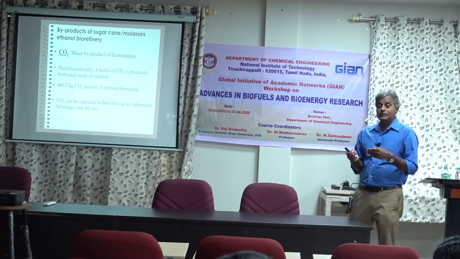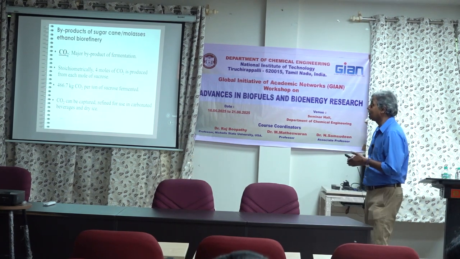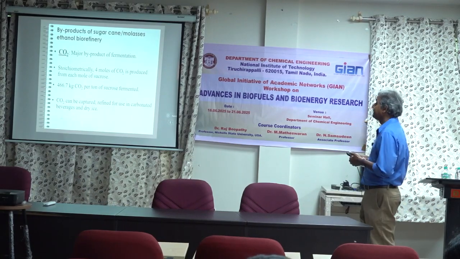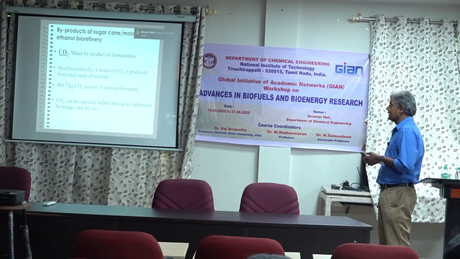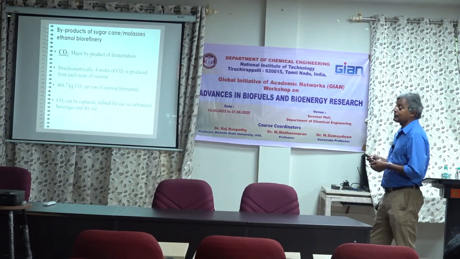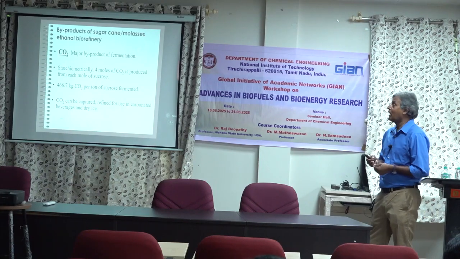Converting that, you can make 466.7 kilograms of CO2 per ton of sucrose fermented in the factory. Okay? So CO2 can be captured and refined for use in carbonated beverages, the soda that you drink, and also you can make dry ice.